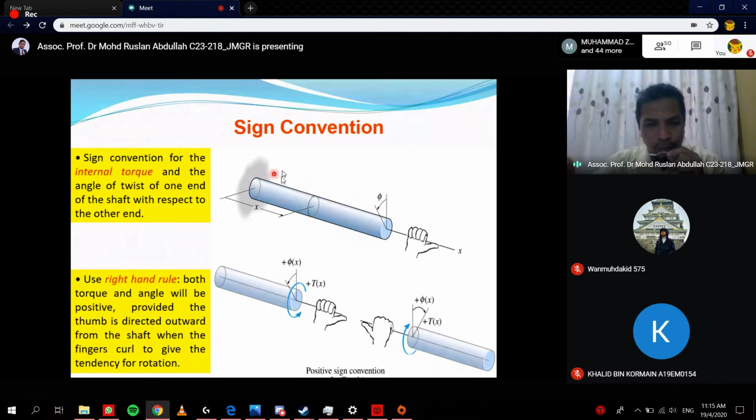If you choose this part, this is what the diagram looks like, and this is the position of your right hand. If you choose this section, this is the position of your right hand. Based on this, we know the direction of the positive or negative torque.